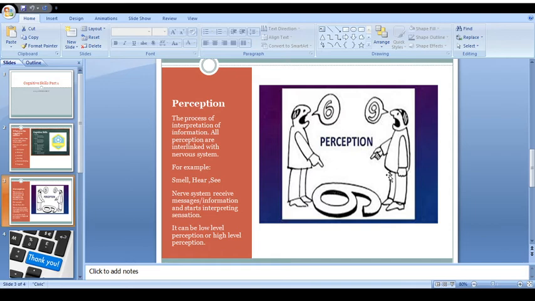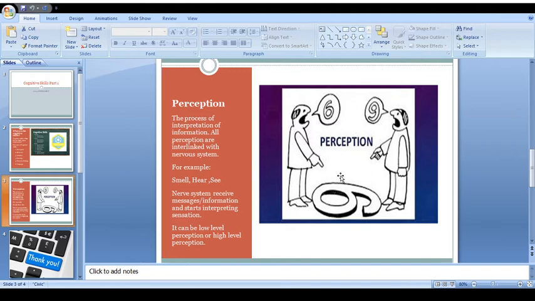It depends on the sensory organs and nerve systems, and to what extent the students are understanding. Both perceptions are correct accordingly. But what is the role of the teacher, and what is the teacher expecting from that?